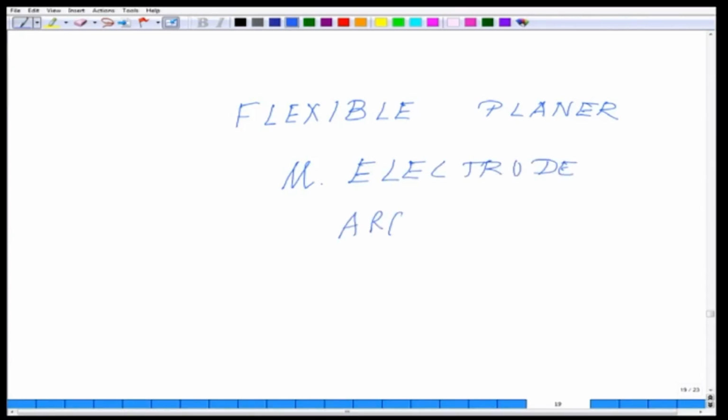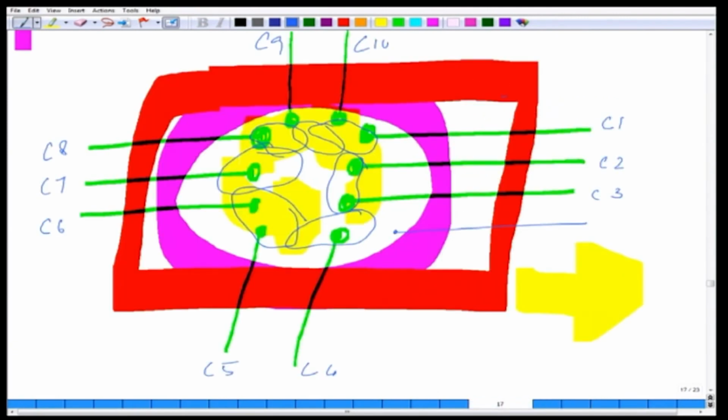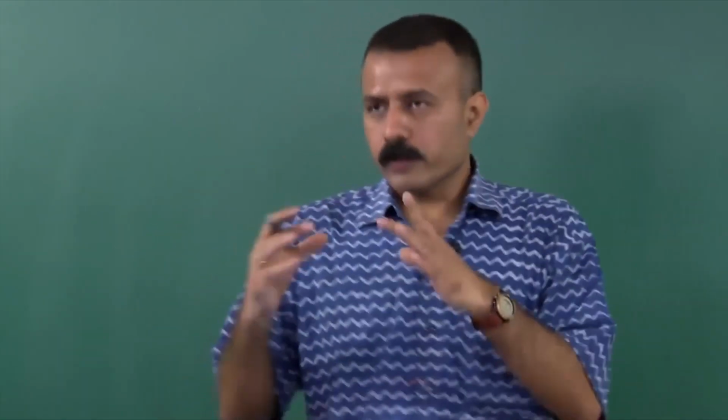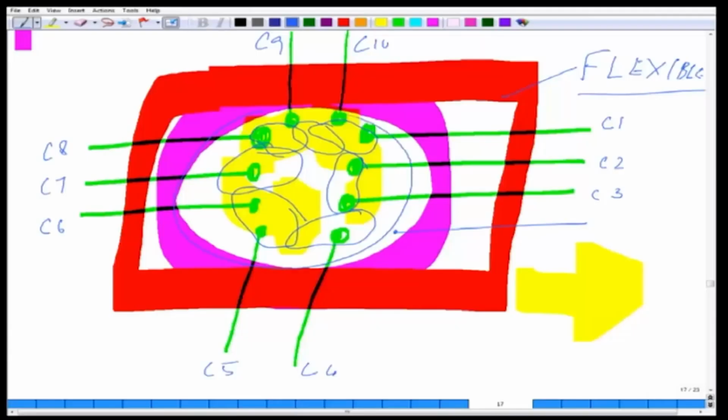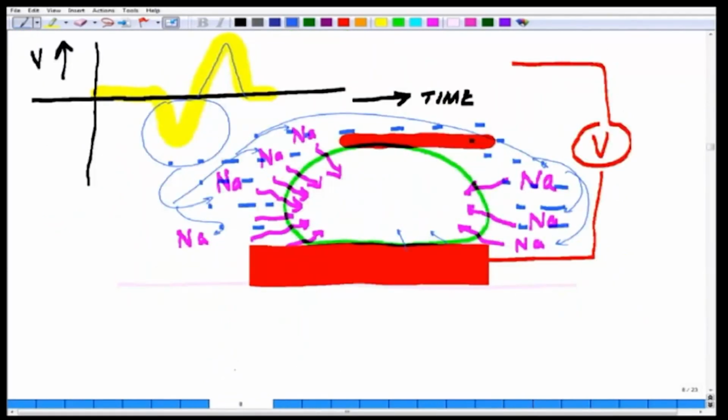So what you are essentially doing is making the base, what I was showing you, a flexible base. So they are much easier, they are not rigid structures. You can really do a lot of measurements on them. And all the recordings you are getting here are the extracellular recordings I explained earlier.